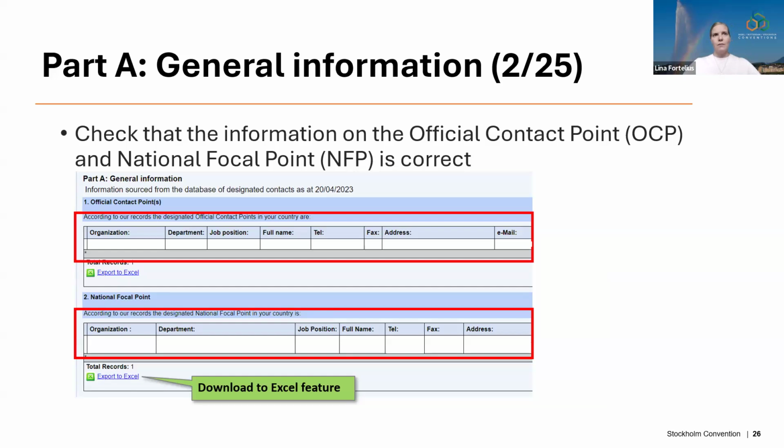So you cannot change the information here as you do under the Basel Convention. You need to contact the Secretariat and change the information through another channel. So what you see on the first page is what we have in our database. And if anything is not correct, you need to contact the Secretariat separately to do those updates and changes.